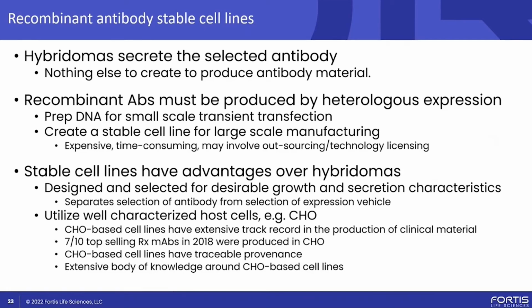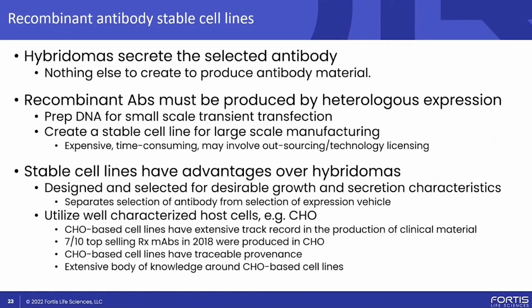And there's various technologies involved in making those cell lines, which may require outsourcing or even licensing. However, the advantage of stable cell lines over hybridomas is that you've separated out the selection of the antibody from the selection of the expression vehicle. So you're not stuck with a low-producing hybridoma.